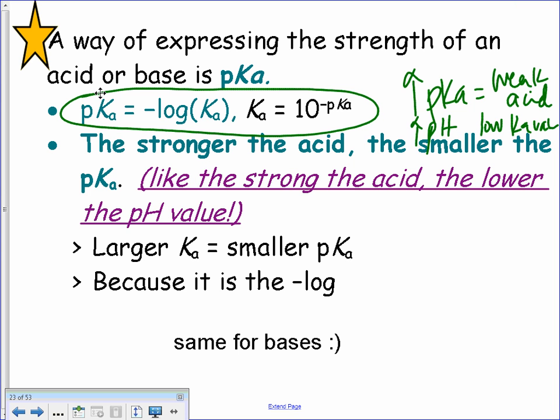So if it has a low Ka value, it means it just doesn't dissociate very much. So it's got the same directional relationship, it just means something slightly different. And I can easily do that for Kb's. What do you think B stands for? Kb means for base. And you guys will be doing values with that tomorrow.